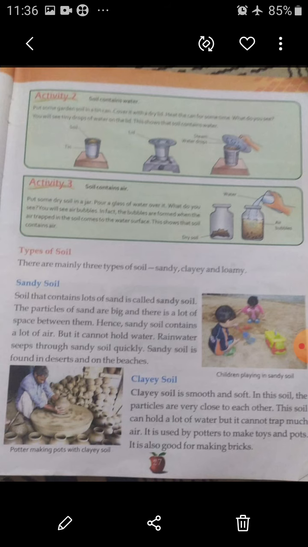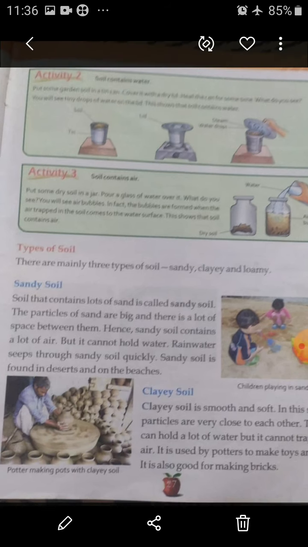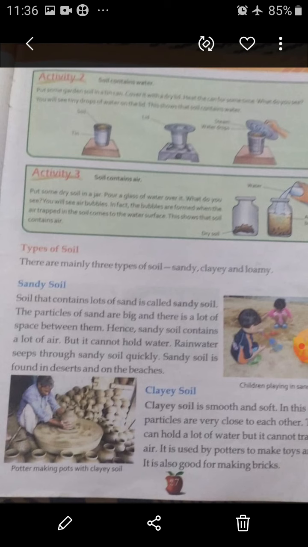Where do we use sand? When we make a house, we use sand mixed with cement. The soil that contains a lot of sand is called sandy soil. The particles of sand are big and there is a lot of space between them.